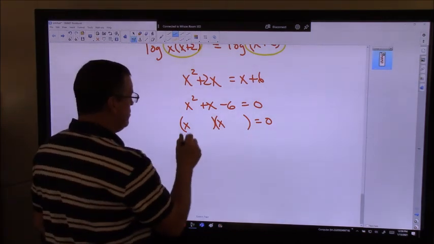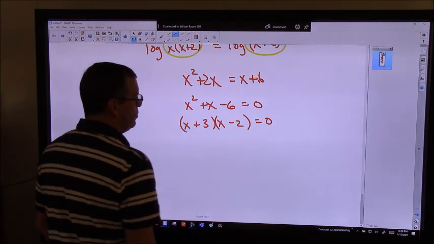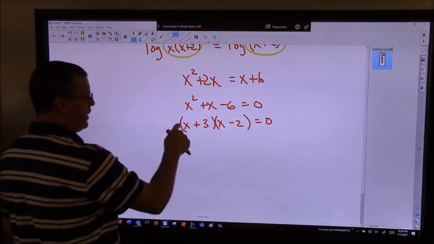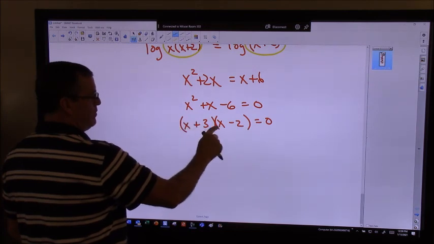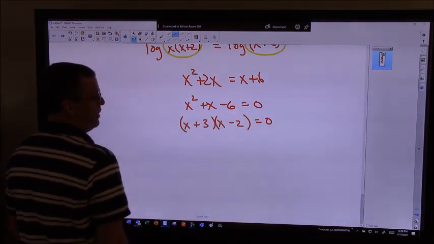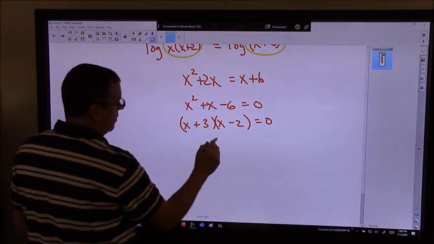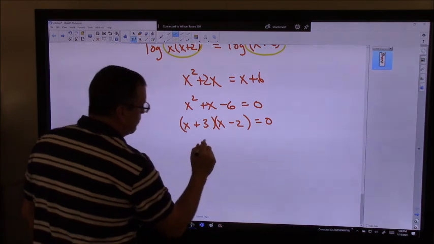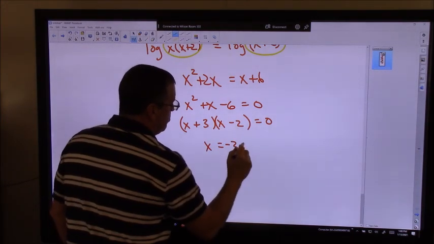If I want to get a positive 1, then what I want is a positive 3 minus 2. And let's just check it. x squared, negative 2x plus 3x, that's a positive x. And 3 times negative 2, that's a negative 6. So that right there says x equals negative 3 and positive 2.